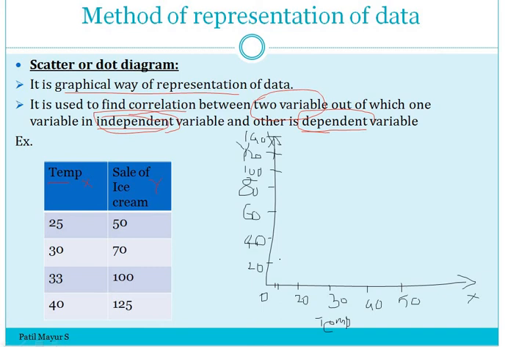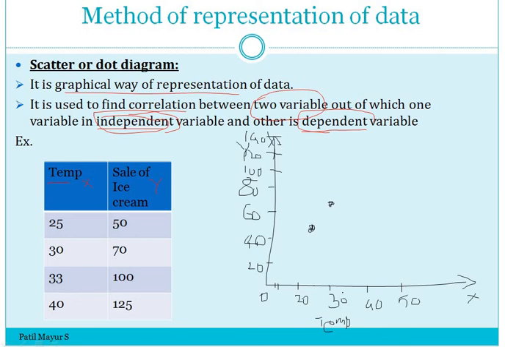Therefore the name is dot diagram or scatter diagram. For a temperature of 25, the sale of ice cream is 50, somewhere here. So this dot is here. Then for a temperature of 30, the sale of ice cream is 70, somewhere here. This is another dot.